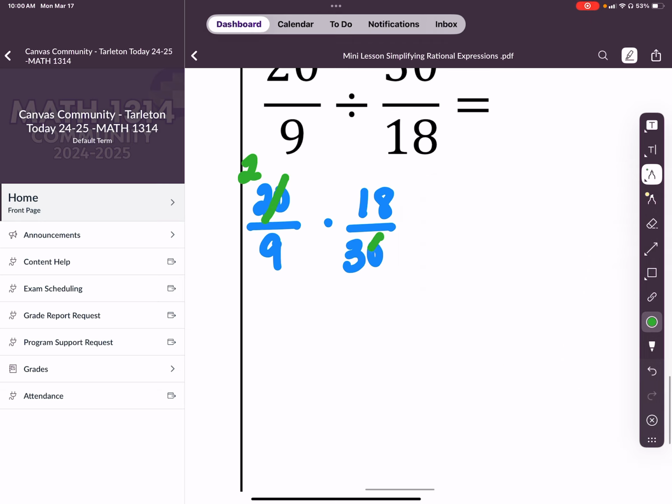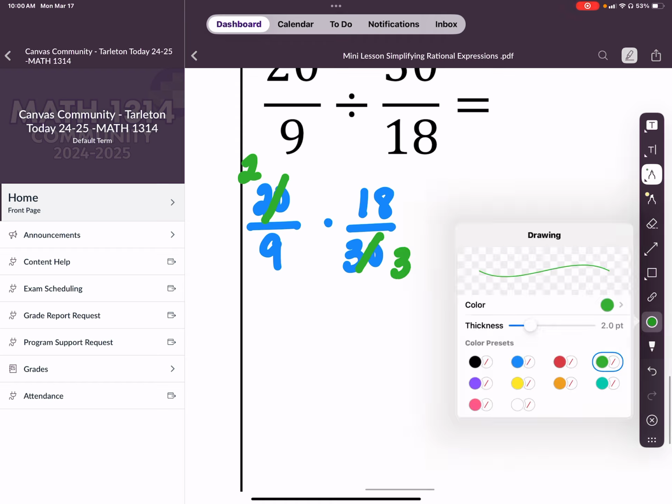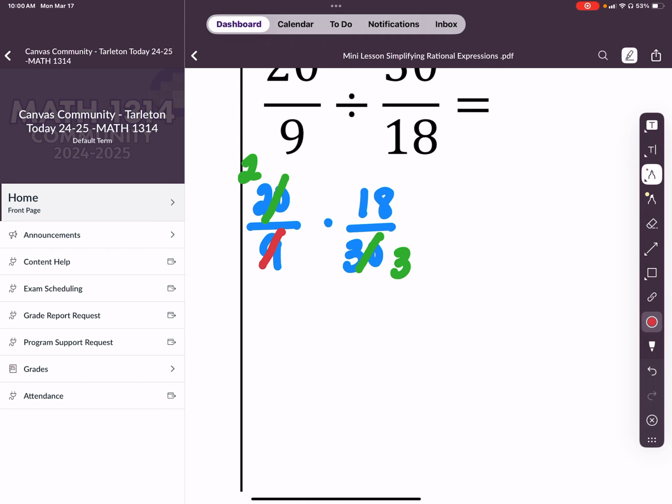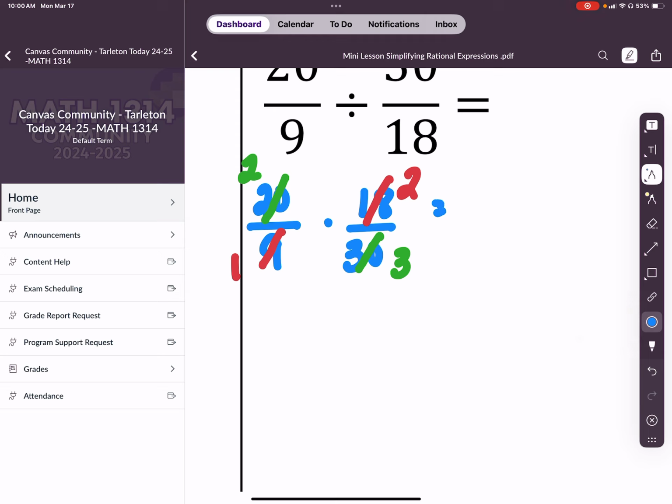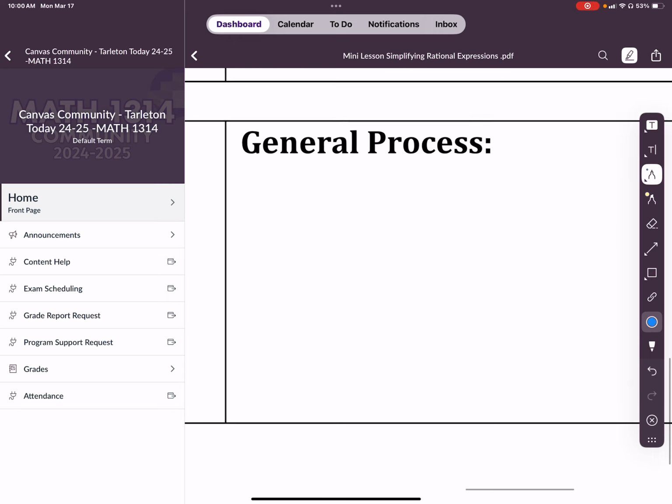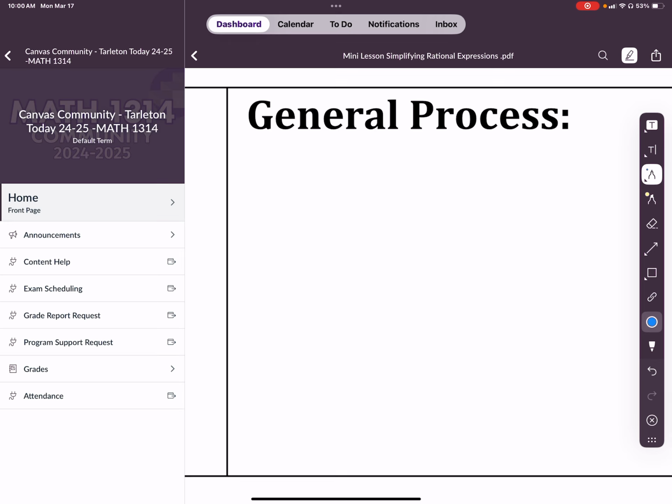So I'm going to divide them both by 10. And then 9 and 18 can both be divided by 9. So I'm going to cross cancel that, okay? All right, so 2 times 2 will give you 4. And 3 times 1 gives you 3. And then that can't be reduced.